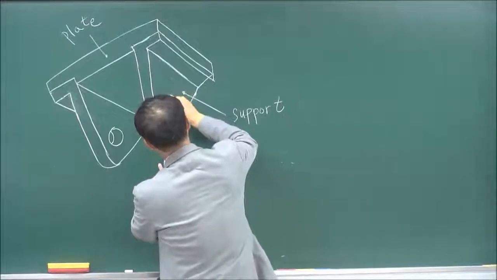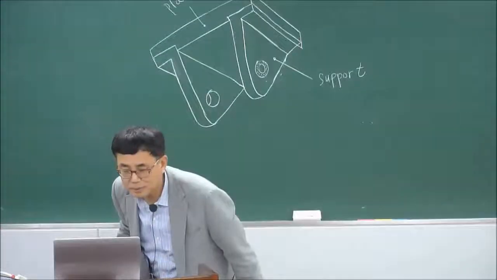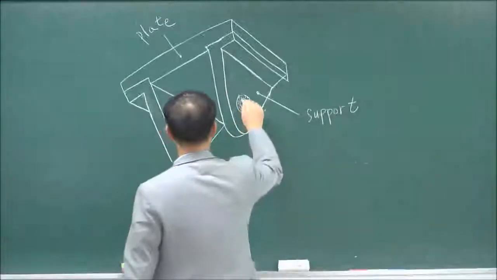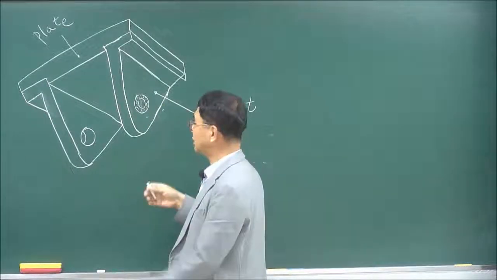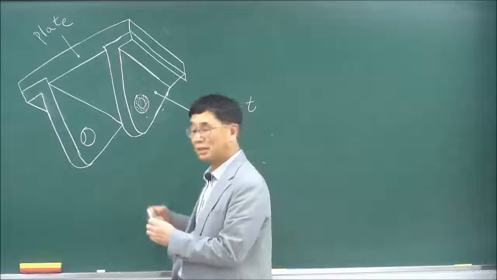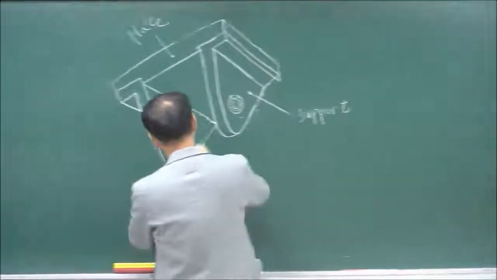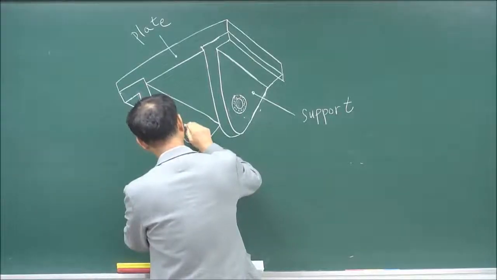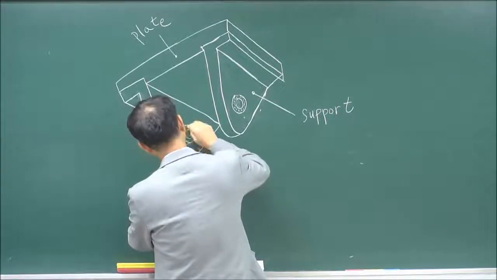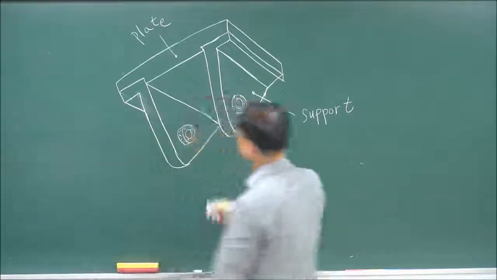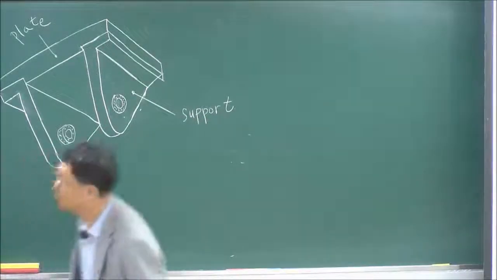The bushing material is brass, so it has very low friction, and it is used as the sliding bearing. Now as the bushing is assembled, the shape will be like this.